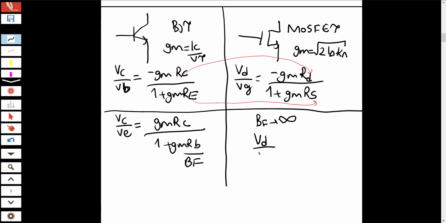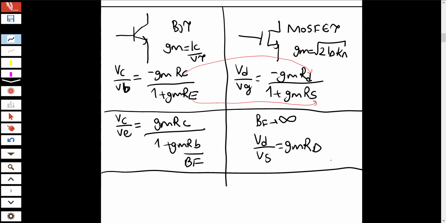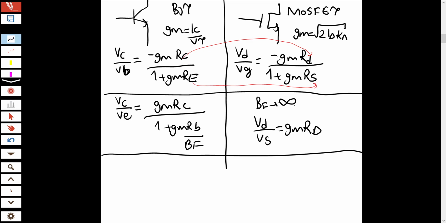V_drain over V_source equals directly gm R_D in MOSFETs. Okay. Why do we think beta is infinite? Because our input, our gate current, is zero in the MOSFET case, and we can think beta infinite in MOSFET.